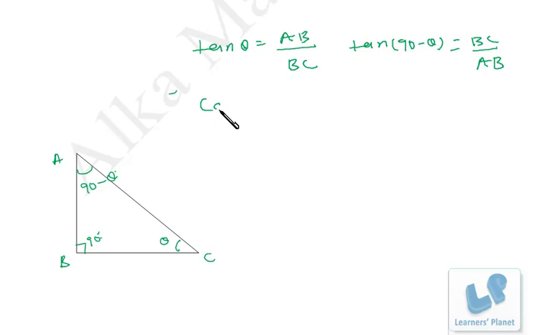Right? Similarly, if we calculate cot theta, if we consider this angle as theta, in that case it is BC by AB. Cot 90 minus theta, if we consider this angle, will be AB by BC.